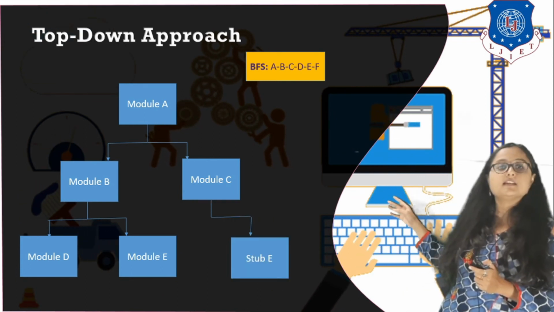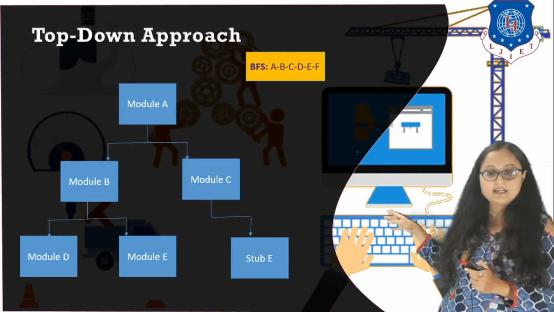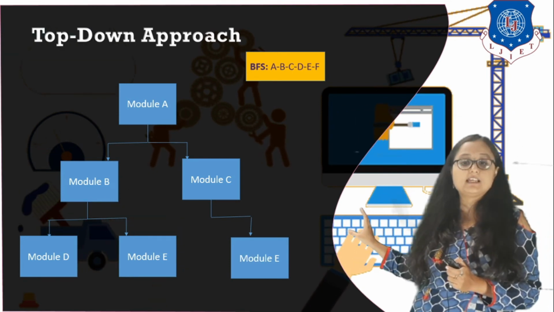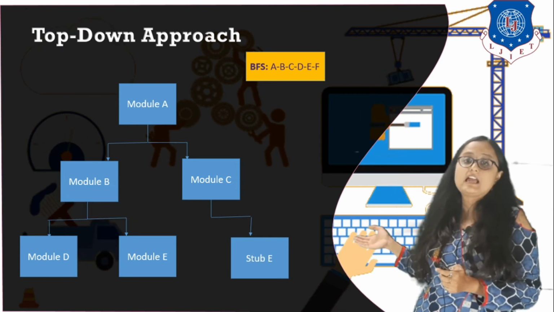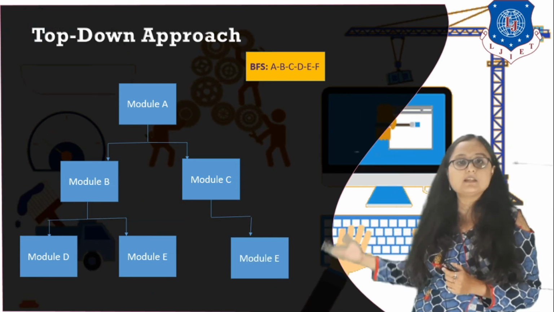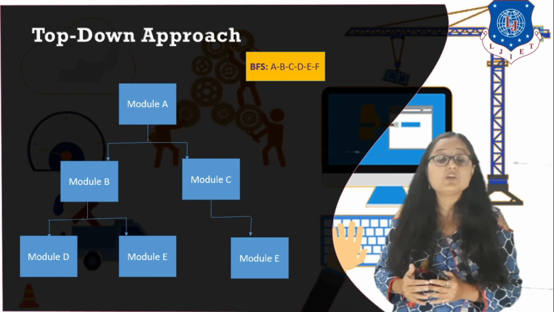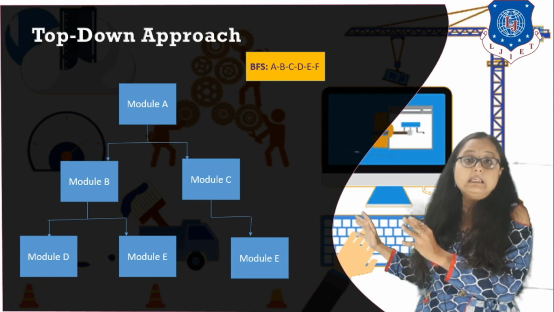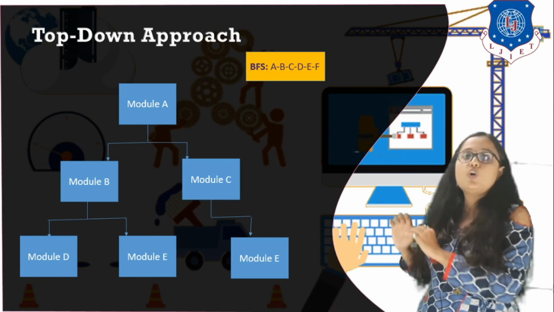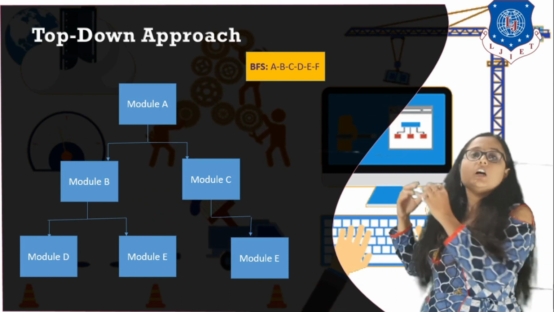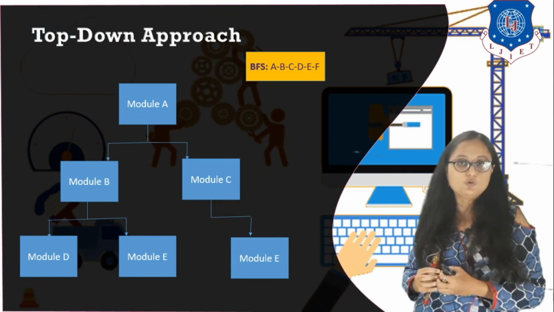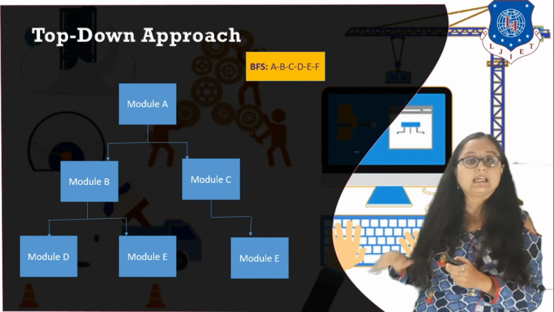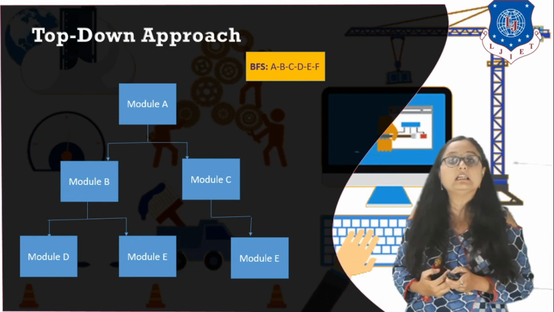That module is actually module E. Sorry, that should be module F. So module F is being tested, and if we don't have module F, we will replace it by the stub or dummy version, and after it is completely tested in integration testing and the module is actually coded, we will replace it by the actual module. So overall, this is the fourth increment in which we have completed our integration testing.